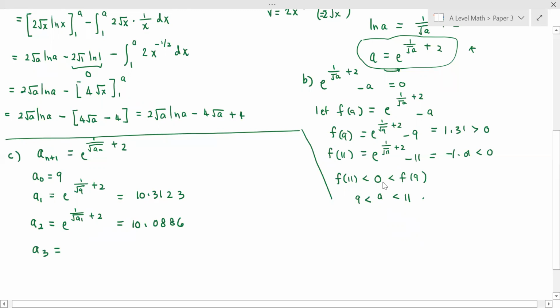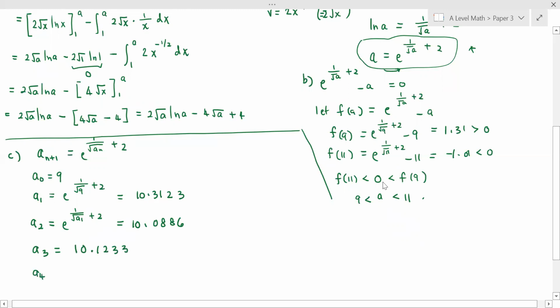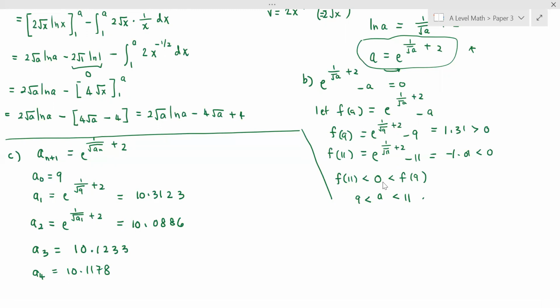A sub 3, you just continue the same process. You have 10.1233. And a sub 4 is 10.1178. These two round to 10.12 to 2 decimals.